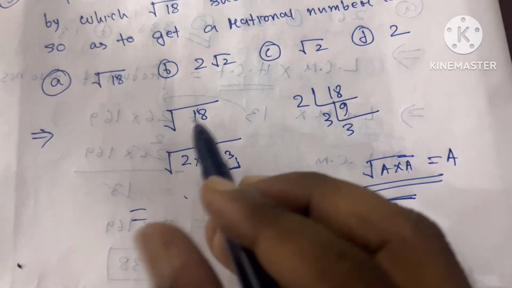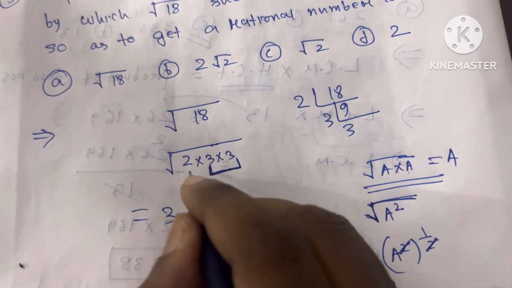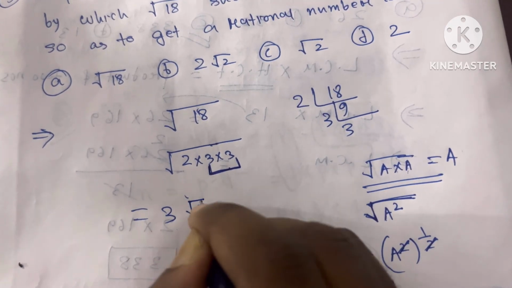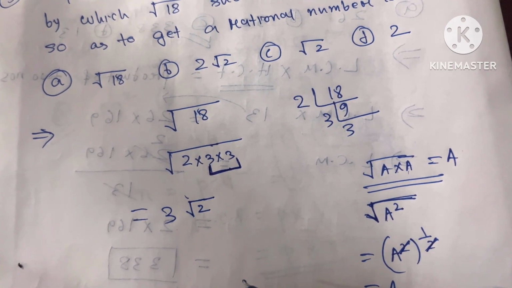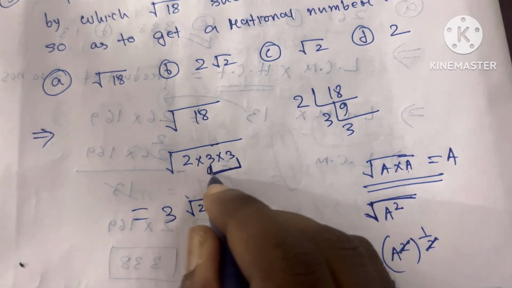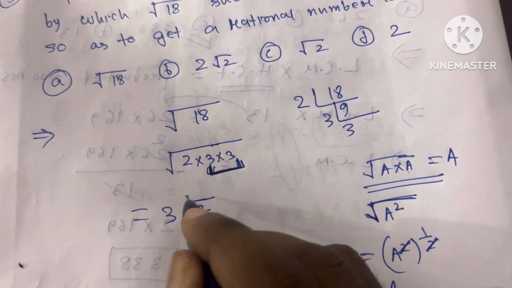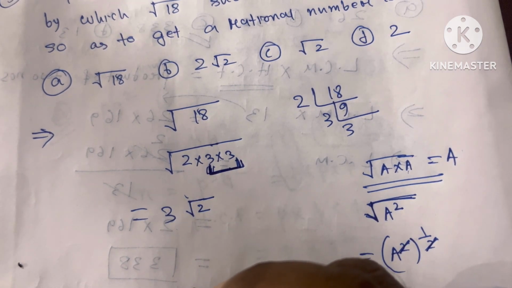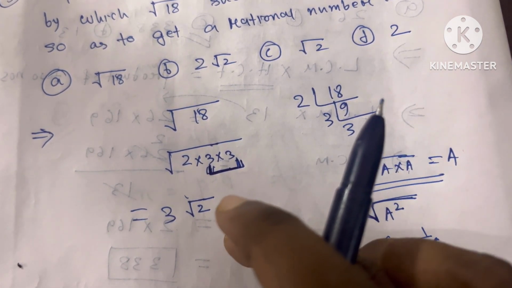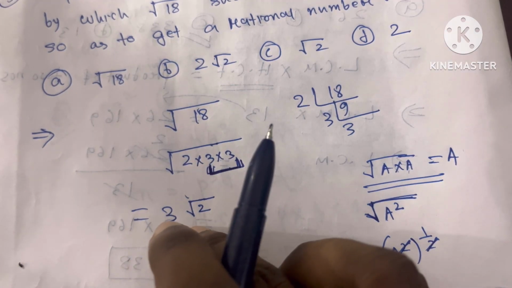So if you use that concept here, from this pair, 3 will come out and 2 is single. That's why we'll write 2 under the same root, yes or no? I got this 3 because root of 3 into 3 means 3. Now, for what number will you multiply to get a rational number?